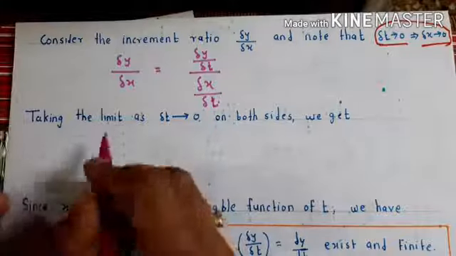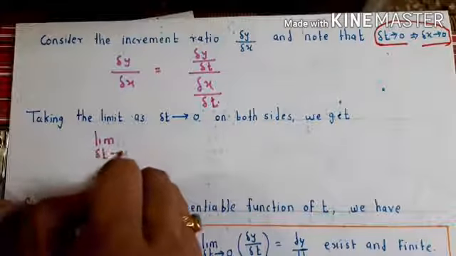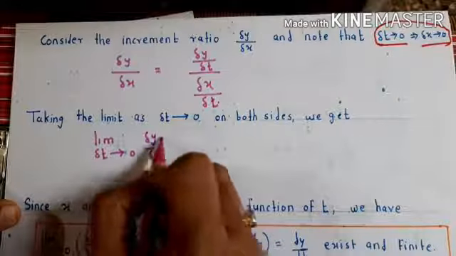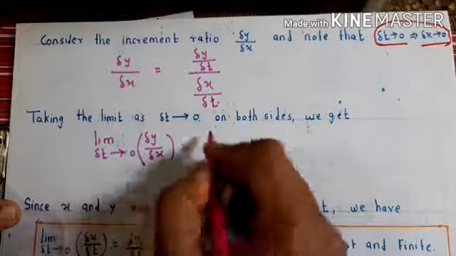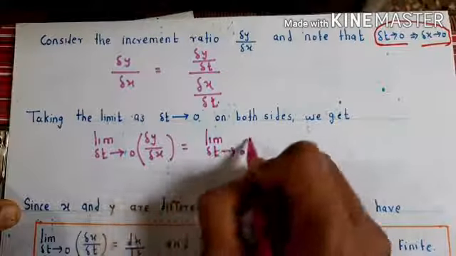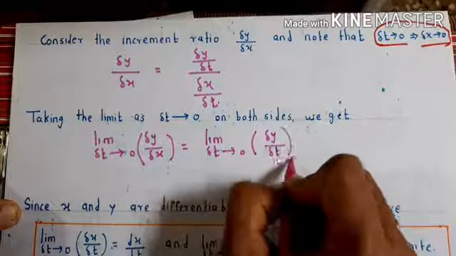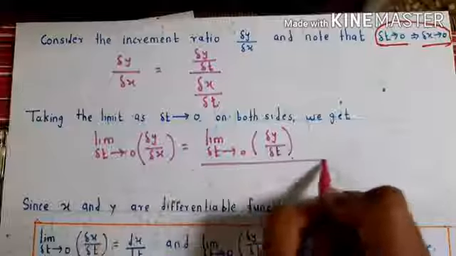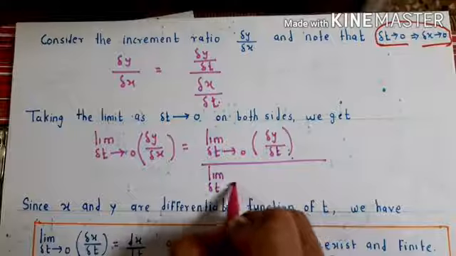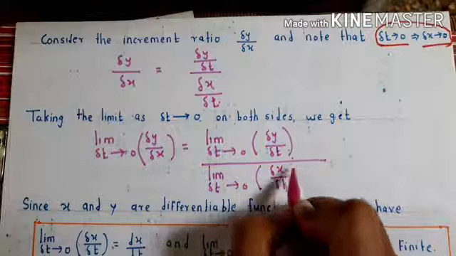Therefore, limit delta t tends to 0 of delta y upon delta x equals limit delta t tends to 0 of delta y upon delta t, upon limit delta t tends to 0 of delta x upon delta t.